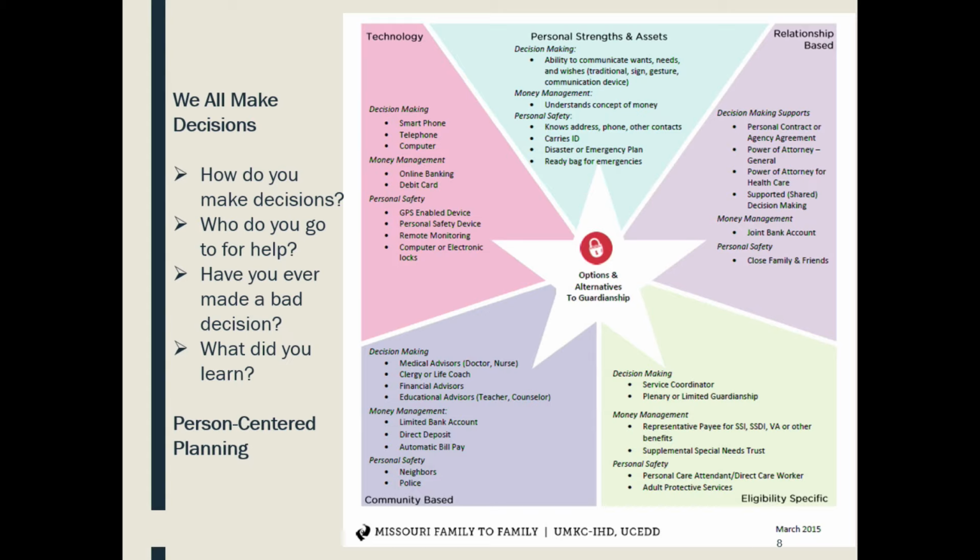So when you think about something like being concerned about someone not managing their money well, what is available to all of us to address that? So for example, can we set limits on our credit card account? Can we set limits on cash withdrawals from the bank?